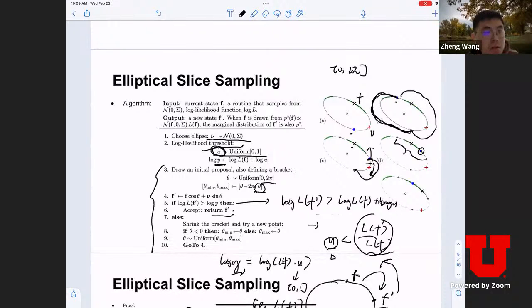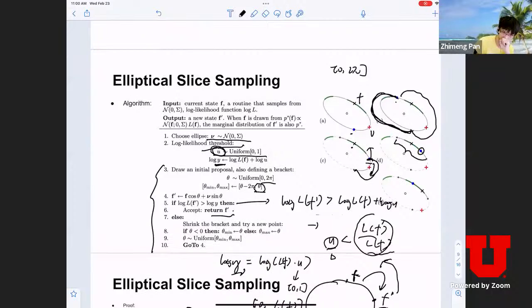I also have a question about u. Why would they restrict u between 0 and 1? To make sure that if theta is 0, you get the new point as the old point f. Because u is within 0 and 1, log u will be negative, so log y will be smaller than log f.